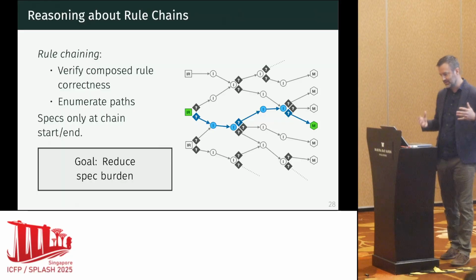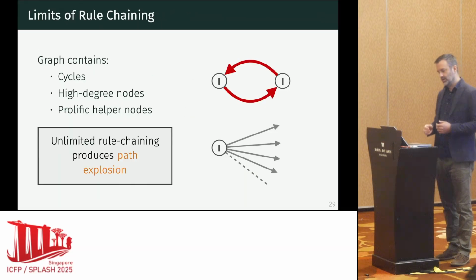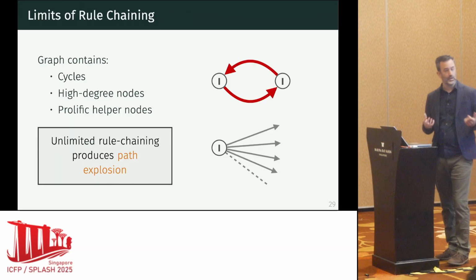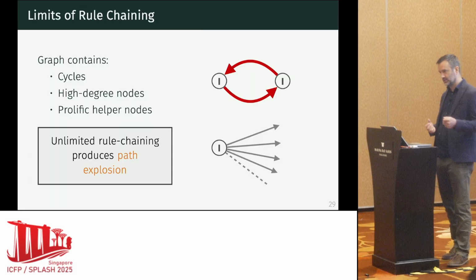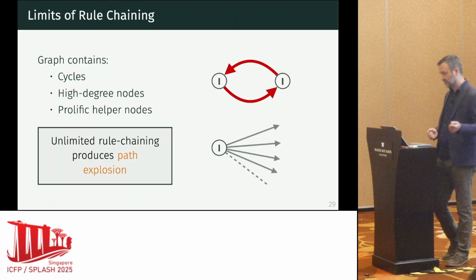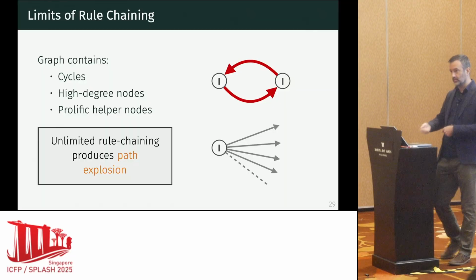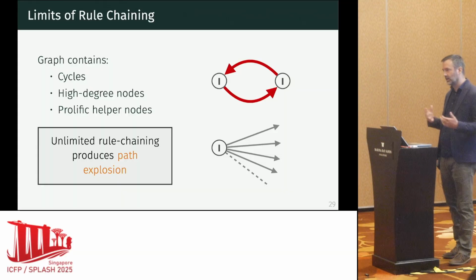So that's the idea, but in practice, in these production graphs, there are complications, that there are cycles, which mean that in practice, there are infinitely many paths through the graph. There are also high-degree nodes, as well as common helper nodes, which might have a low degree but appear frequently, which means that if we apply this technique in an unlimited fashion, we would hit path explosion.